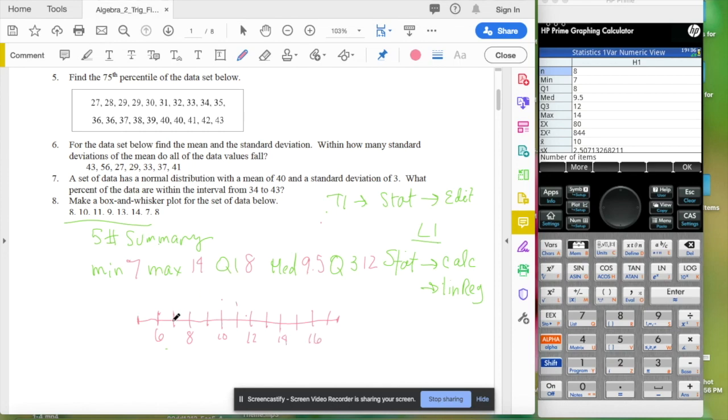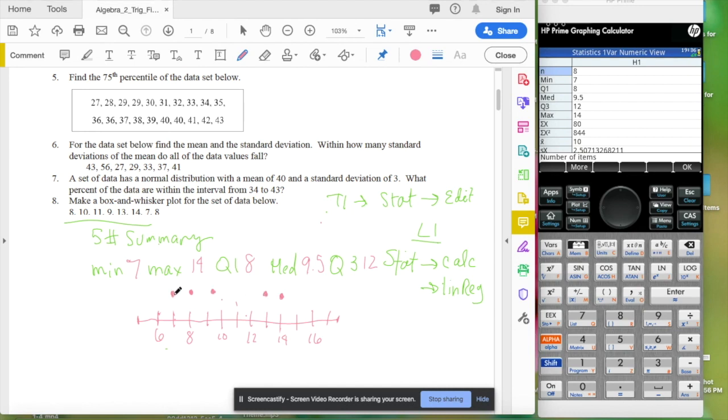Don't get crazy. Okay, so our min, I'm going to put a little dot over our min. Our max, I'll put a dot over our max. Quartile 1 is at 8. Put a dot there. Median is at 9.5. Put a dot there. And quartile 3, we'll put a dot there.